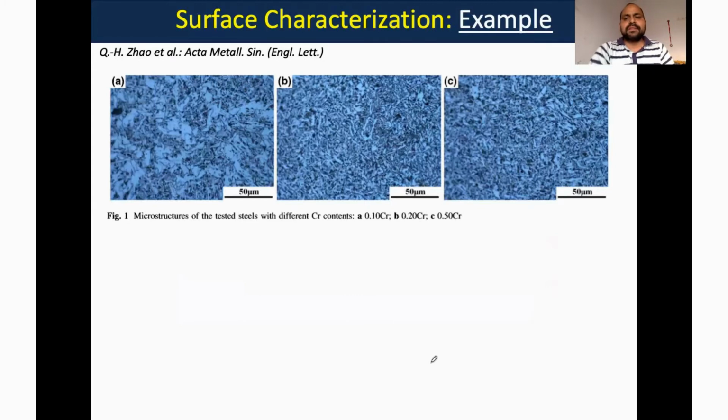Here you can see the optical image. This is just the microstructures of the tested steel, and you have the first sample. This is before corrosion, how our sample looks, because they have three different compositions of chromium.